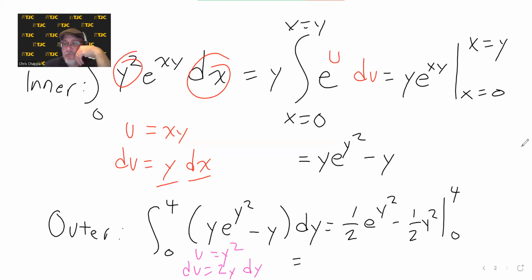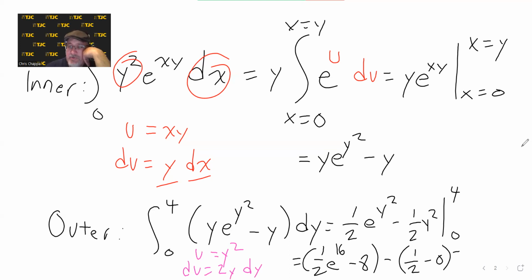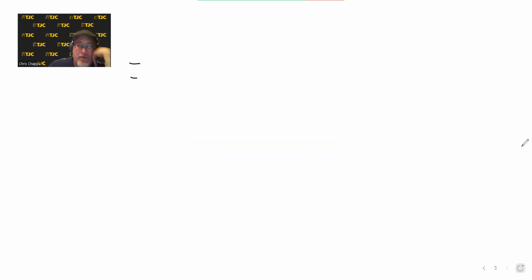All right, when we substitute 4 for the y, we get 1/2 e to the 16th minus 1/2 of 16, which is 8. Minus, and when we substitute 0 for the y, we get 1/2 e to the 0, so 1/2, minus 1/2 0 squared, which is 0. And so we end up getting 1/2 e to the 16th.